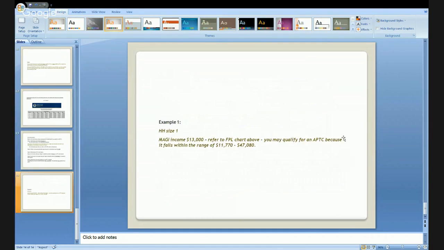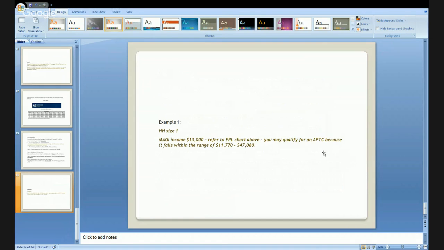So again, for this example, with a modified adjusted gross income of $13,000, it falls within the range of $11,770 and $47,080. So this individual may qualify for an advanced premium tax credit.